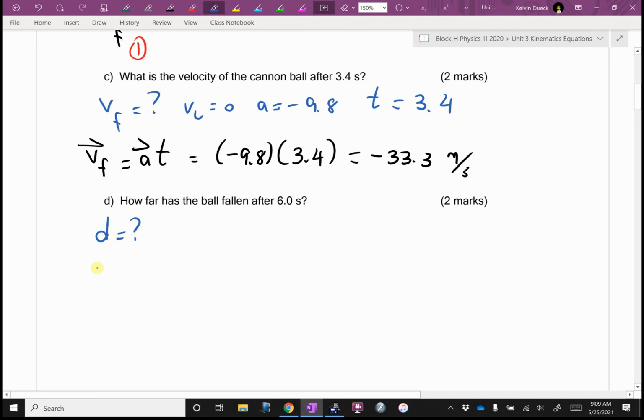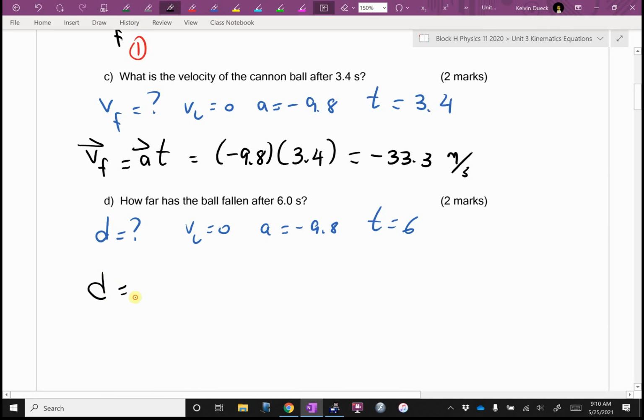Okay, I think this is the same question as part A, in that I'm going to use D equals AT squared over 2, or a half AT squared, because VI is still 0, A is still negative 9.8, but this time T is 6.